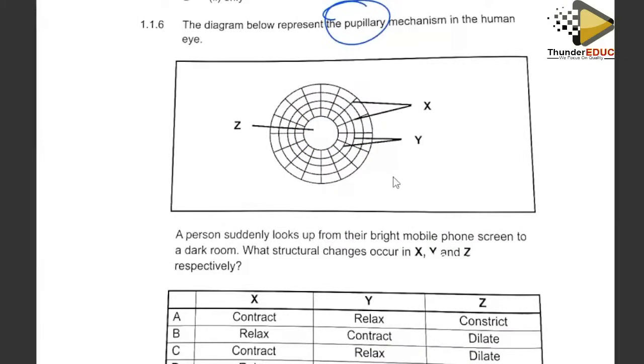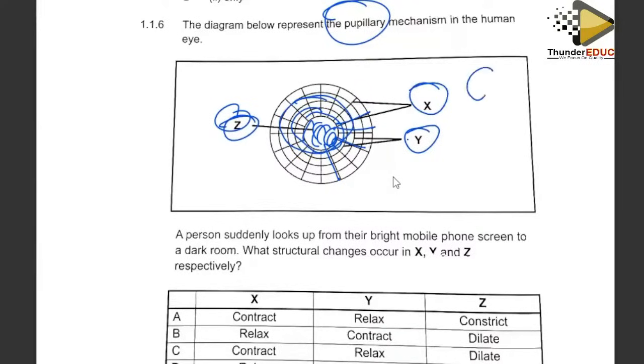This is the pupil, this is the diameter of the pupil, the space of the pupil. So this is the iris. So these are the muscles. The ones which run like the radius, Y is the radial muscles, while the one which goes around like this, X, is the circular muscles.